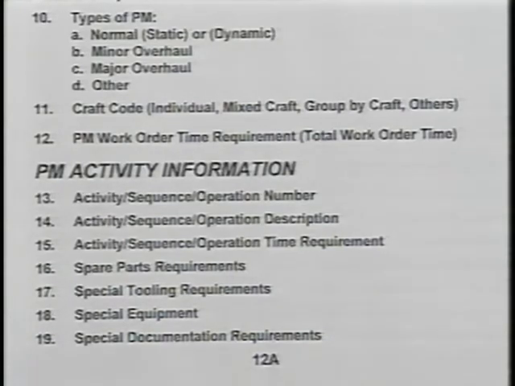The next major heading is PM activity information. And here again, this would be the body of the data relative to the sequence of the operation, what the operation is, and the times associated with it, including all of the spare parts, the tooling, and the subsequent documentation.